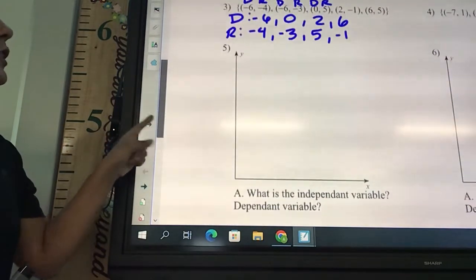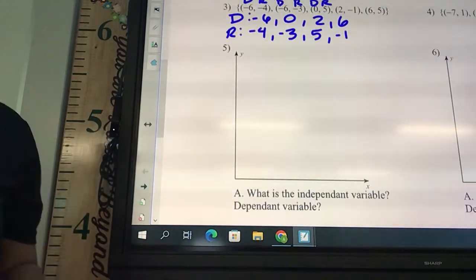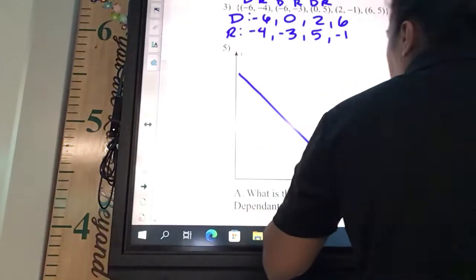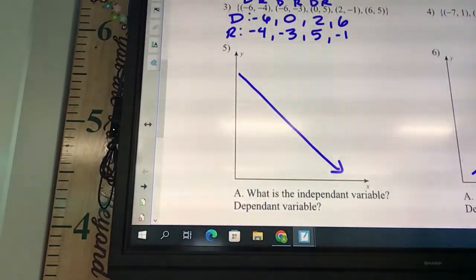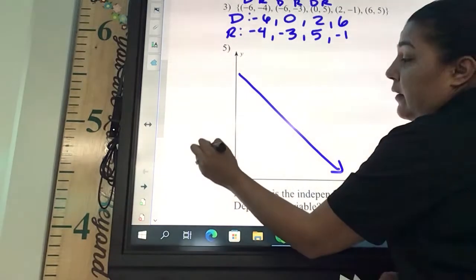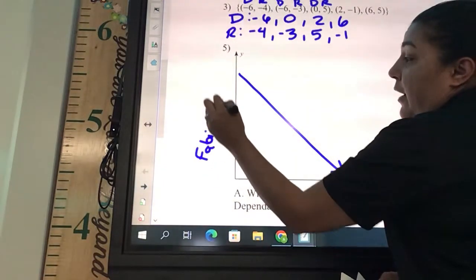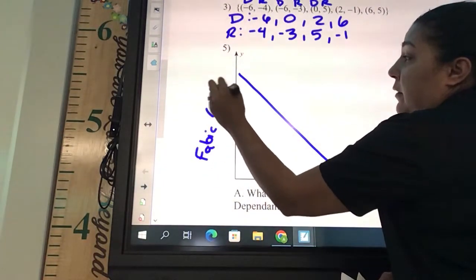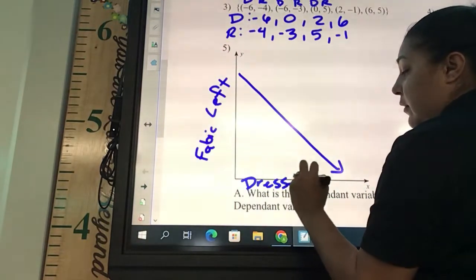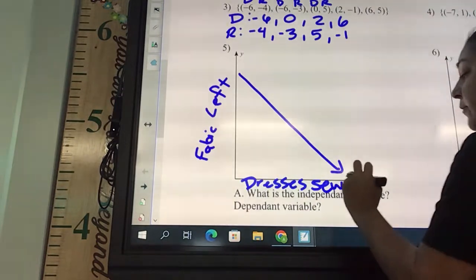Okay, the next section on here, I forgot to draw the graph. So draw this graph on your own paper. It's going to look like this. This one's going to look like this. And it's going to say fabric left, dresses sewn.